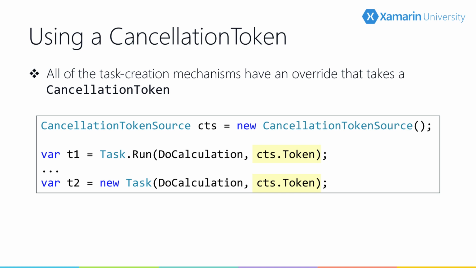Here's how we create such a token, and the source, of course, and how we pass it to our tasks. Notice how the cancellation token source is the class that contains this Token property. And the same token is now passed to all of our tasks, not just to one, to all of them.